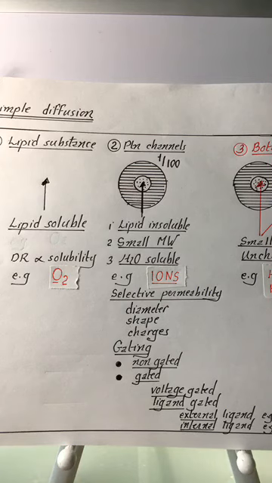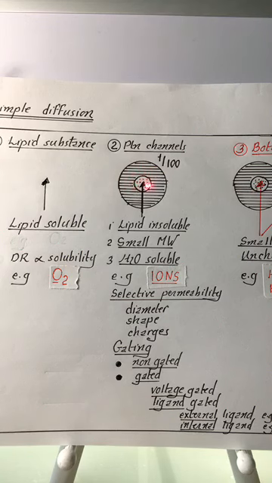Now, you can expect what the characters of the molecules passing through the protein channels are. Why do they go to the protein channels and miss their higher chance to pass through the lipid substance? Because they are lipid insoluble. They are now forced to pass through the protein channels.